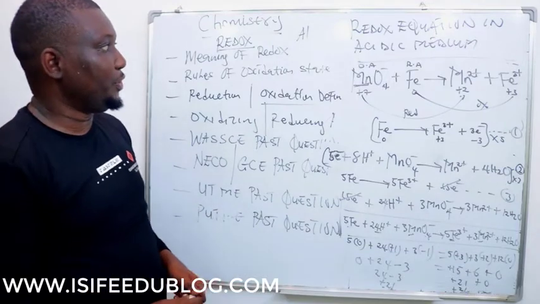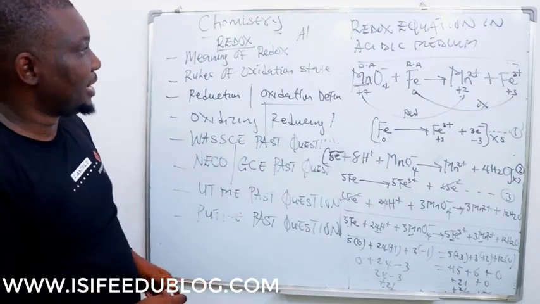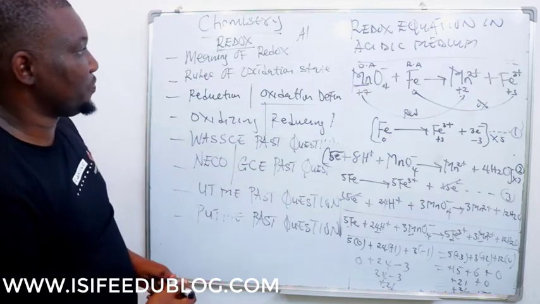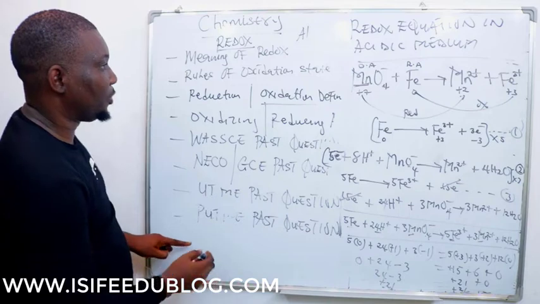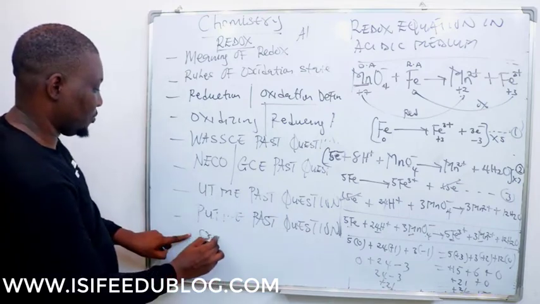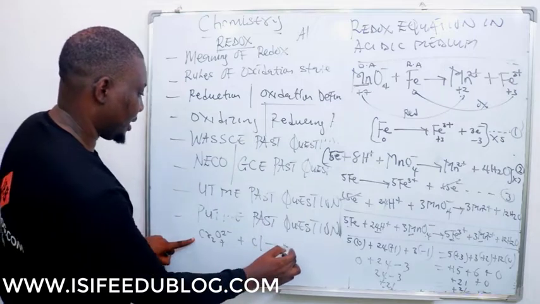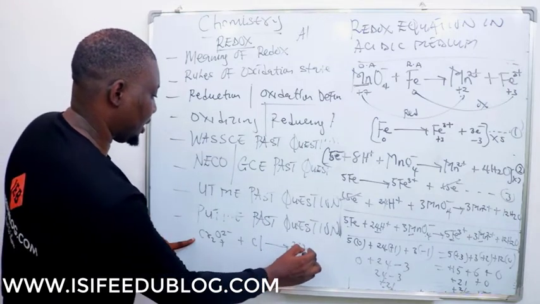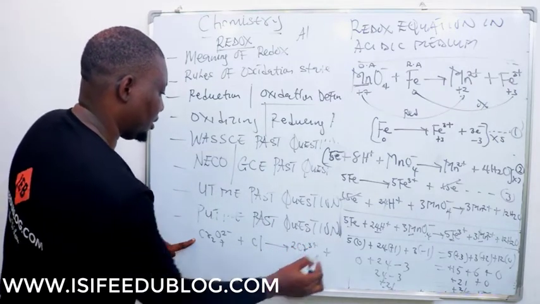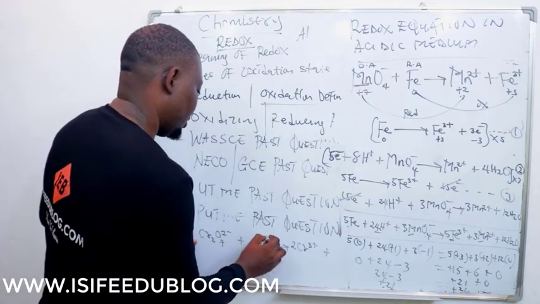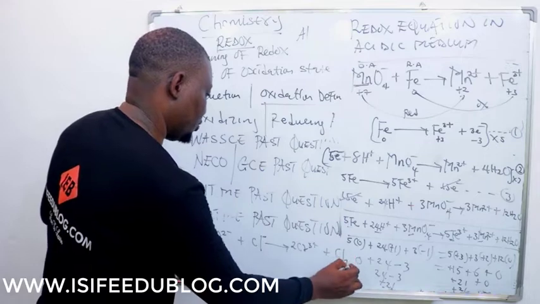You can pause the video and try a redox reaction involving Cr2O7 2 minus plus Cl minus giving 2Cr3+ plus Cl2.